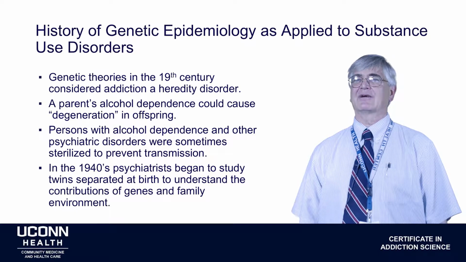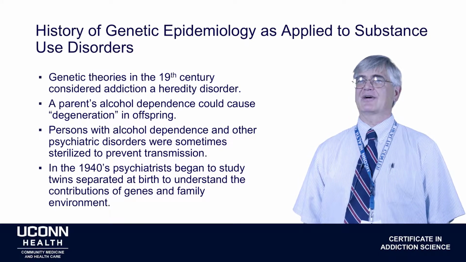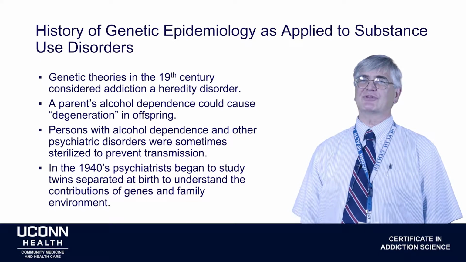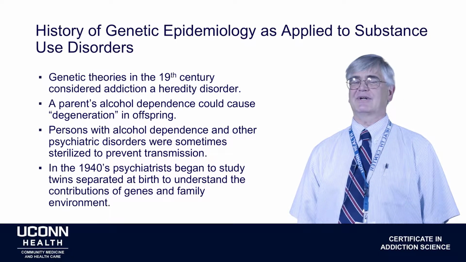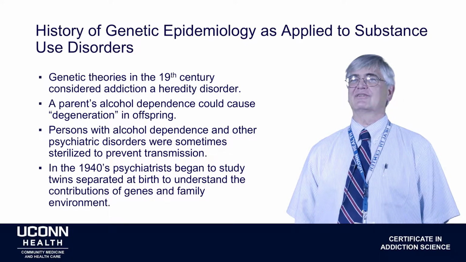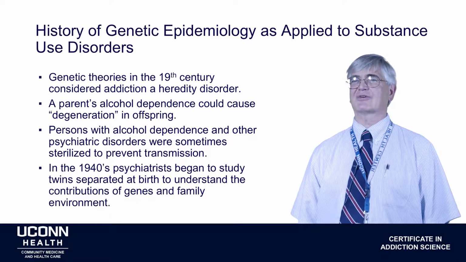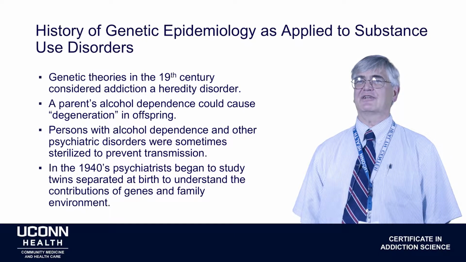behavior. We also need to begin to think about how genetic epidemiology in relation to substance abuse disorders came about. And this really had its origin in studying the offspring of a parent, whether it be the father or the mother, and looking at the outcome of that individual.